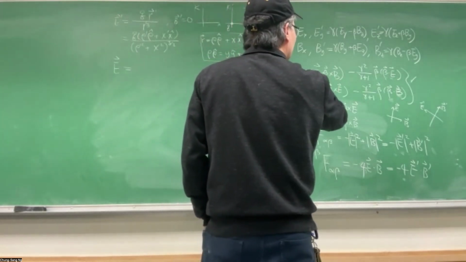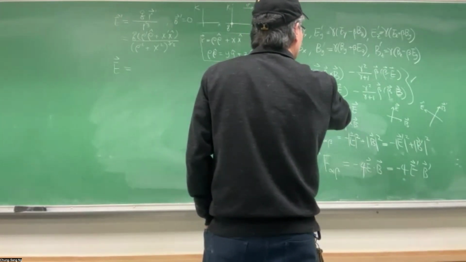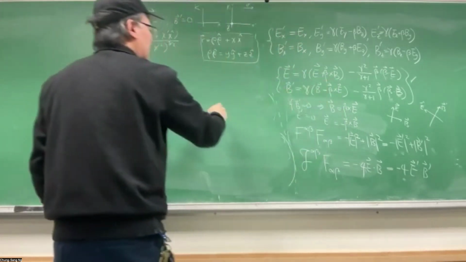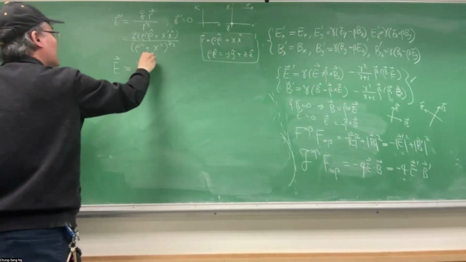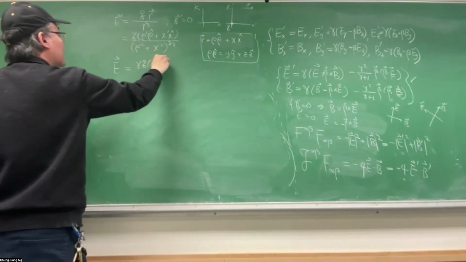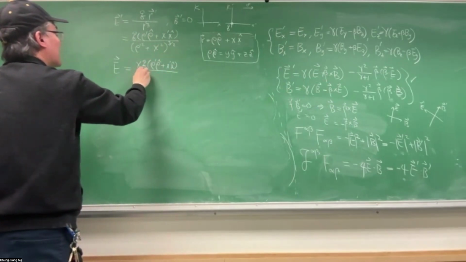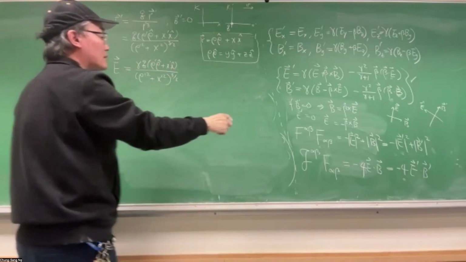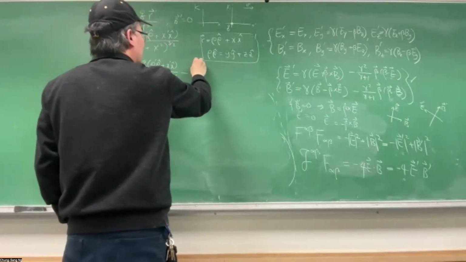Let's just copy that, everything has a gamma here. And then work this out a little bit, minus gamma squared.